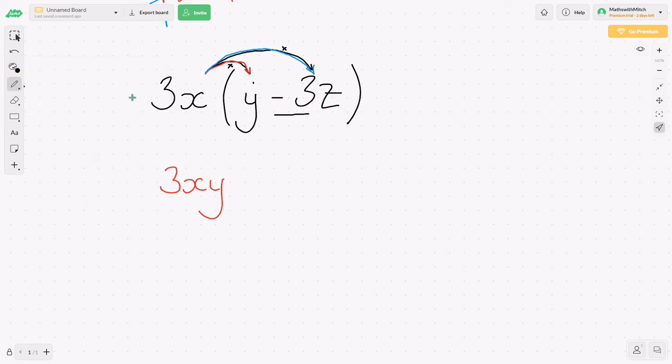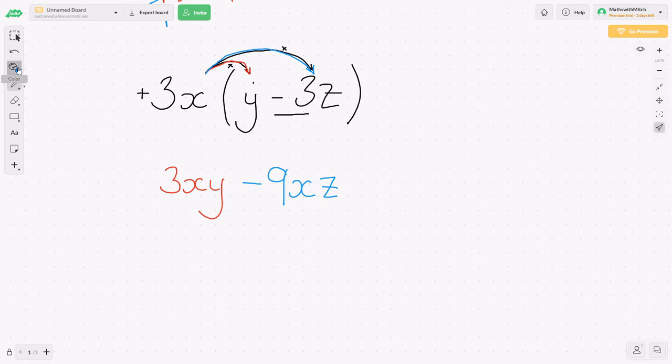Remembering that algebra follows the rules of arithmetic, if you have a positive 3x and a negative 3z and you times them together, you end up with a negative. Positive and negative times together makes a negative. So we have negative 3 times 3 is 9, and xz gives xz. So that's our answer once we've expanded the bracket.